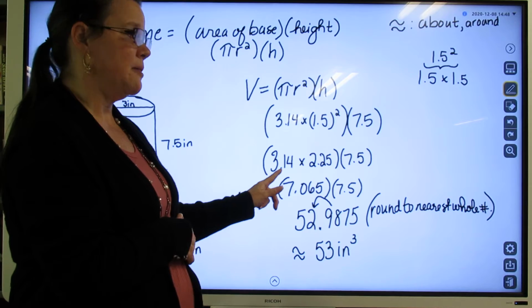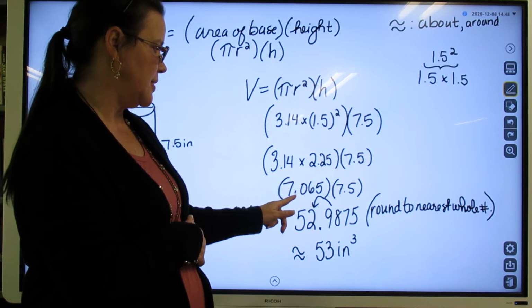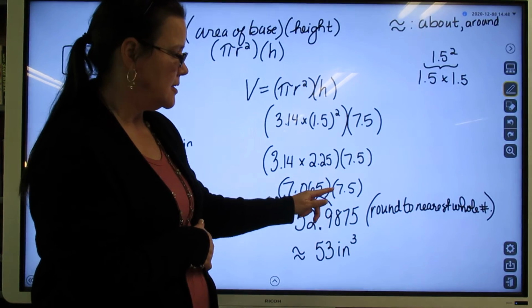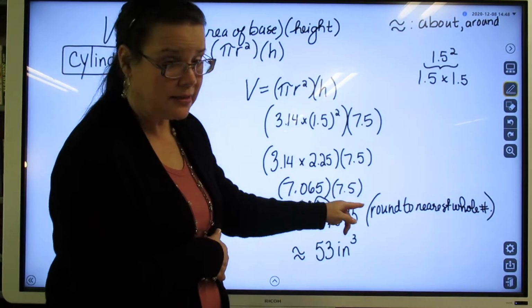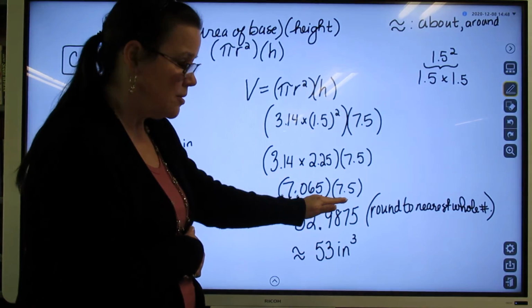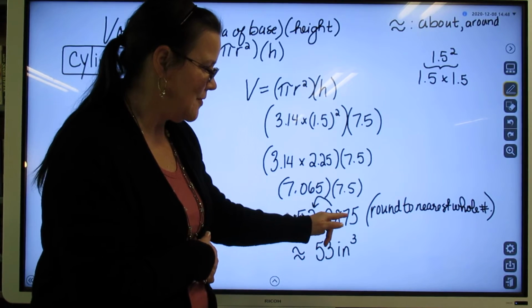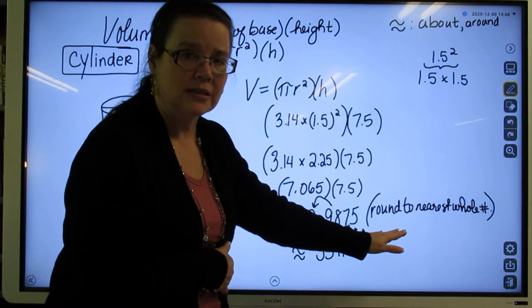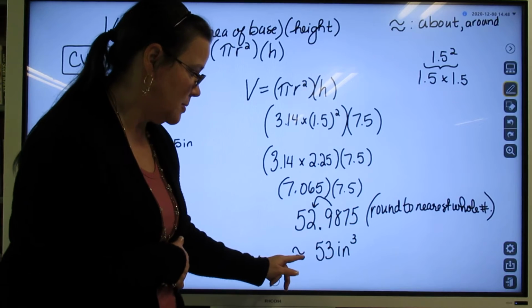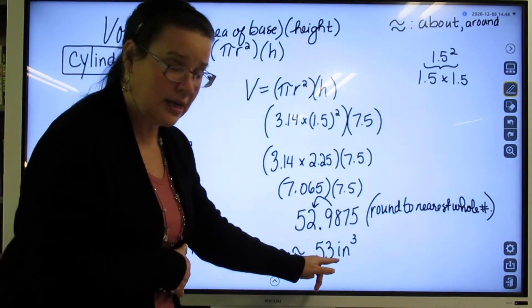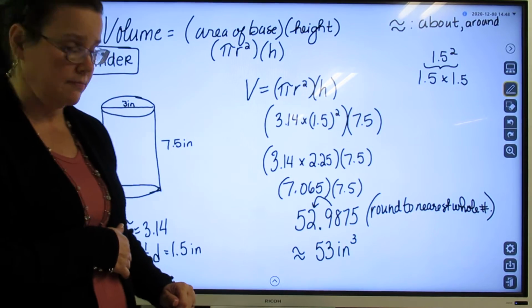Times that by 3.14, you get 7.065 times 7.5. And you multiply those two, and you have 52.9875. If they tell you to round to the nearest whole number, it's going to be around 53 inches cubed.